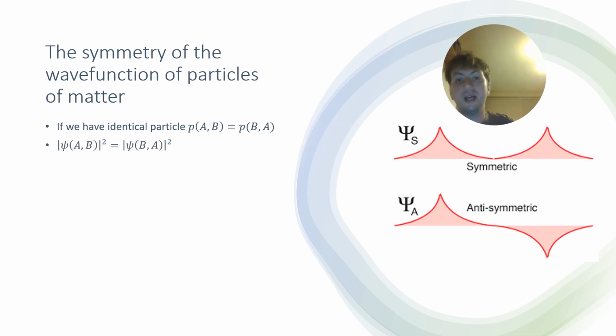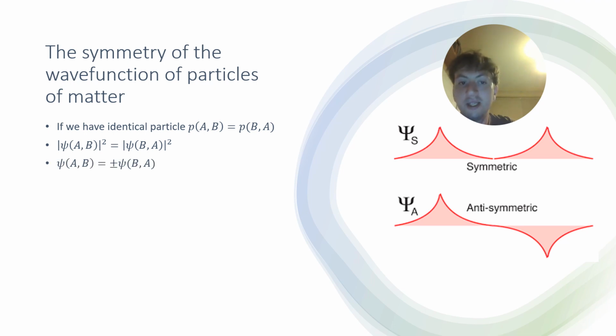And because of quantum mechanics, we know that we get the probability by taking the square of the wave function. So if P of AB is the same as P of BA, then the square of the wave function for AB must be the same as the square of the wave function of BA, because probability is just the wave function squared.